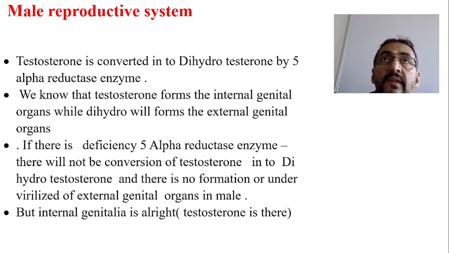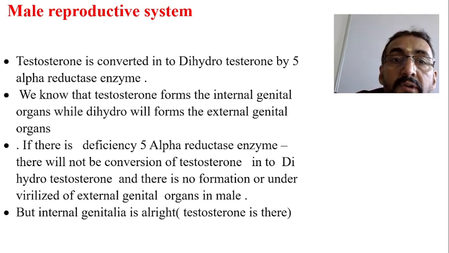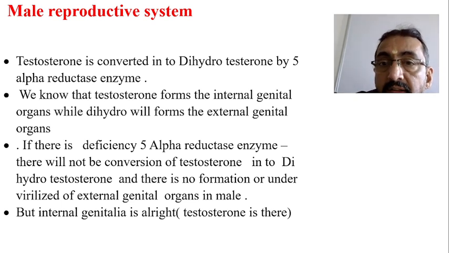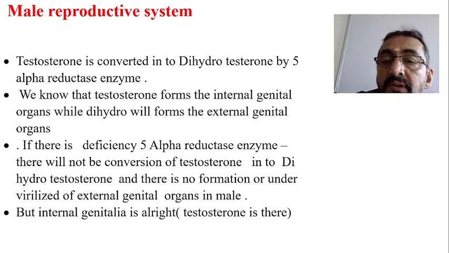Okay, now let us see. In the male reproductive system, testosterone is converted into dihydrotestosterone by the help of the 5-alpha reductase enzyme. We know that testosterone forms the internal genital organs, while dihydrotestosterone forms the external genital organs. If there is a deficiency of 5-alpha reductase, testosterone is not converted into dihydrotestosterone, and as a result there is no formation or underdeveloped formation of the external genital organs in a male.